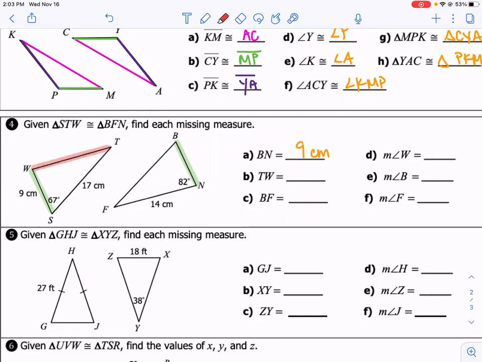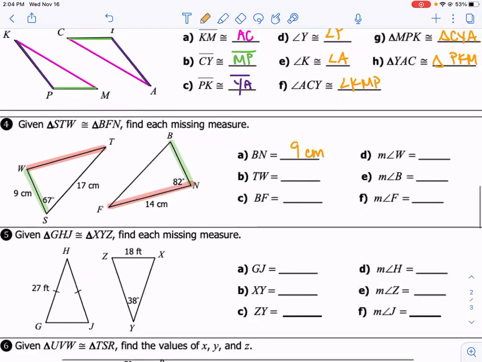TW. Adri, which side does TW correspond with? So TW has a measure of.